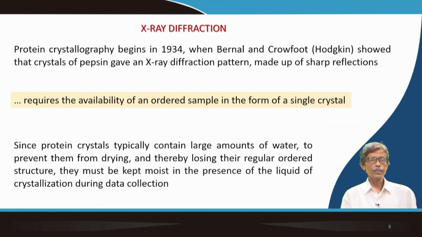The protein crystals typically contain large amounts of water, and we should keep that water there, because if it dries, the crystal will crack. To get an ordered structure in this moist form, you have to preserve the liquid, particularly the mother liquor.